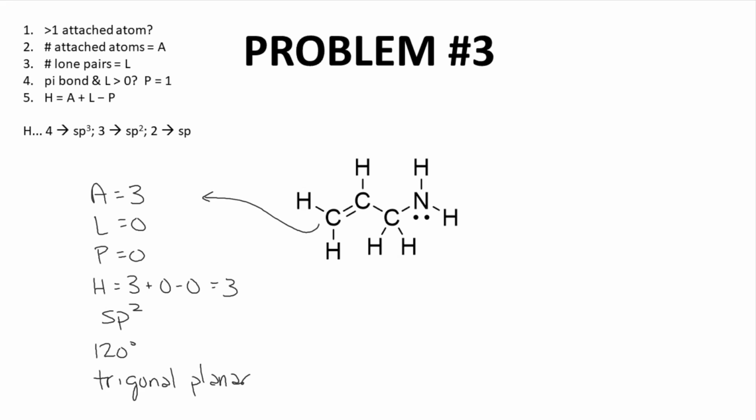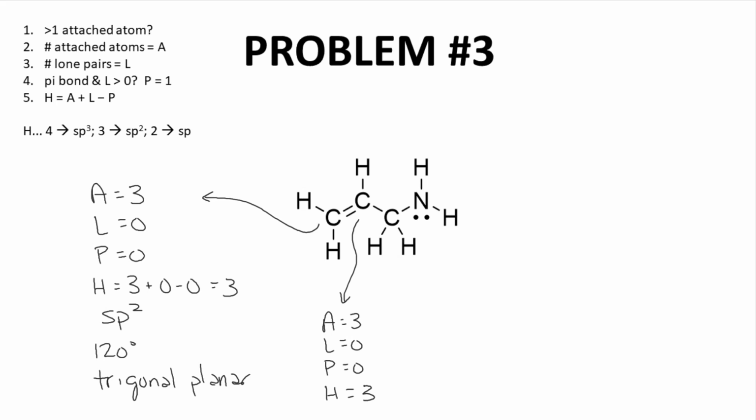Now this next carbon, this next second row element, is going to be pretty similar. If we look, the carbon is attached to more than one atom. Here's 1, 2, 3. So A equals 3. There are no lone pairs. Again, this carbon is part of a double bond. It's not attached to a pi bond. And it doesn't have any lone pairs anywhere. So P is 0.